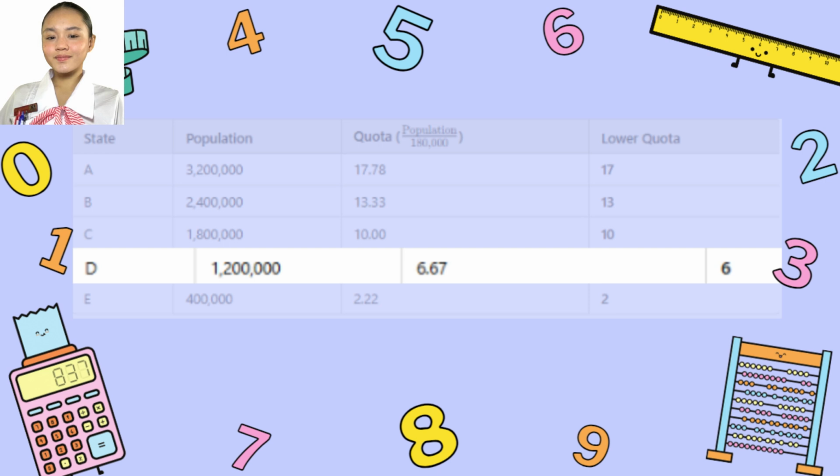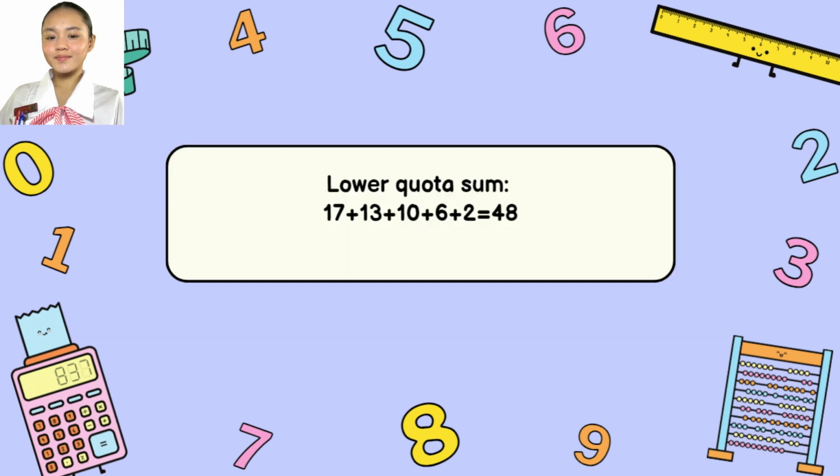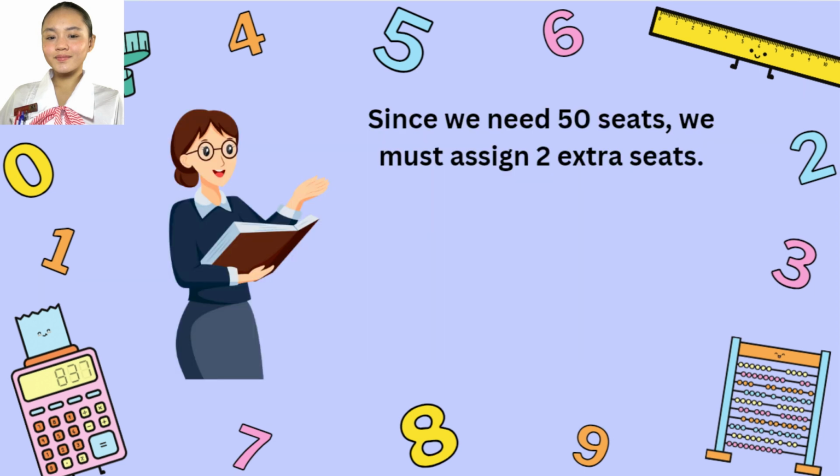Lower quota is 6. State E, population is 400,000. Quota is 2.22. Lower quota is 2. So the sum of the lower quotas is 17 plus 13 plus 10 plus 6 plus 2, which equals 48. Since we need 50 seats, we must assign 2 extra seats.